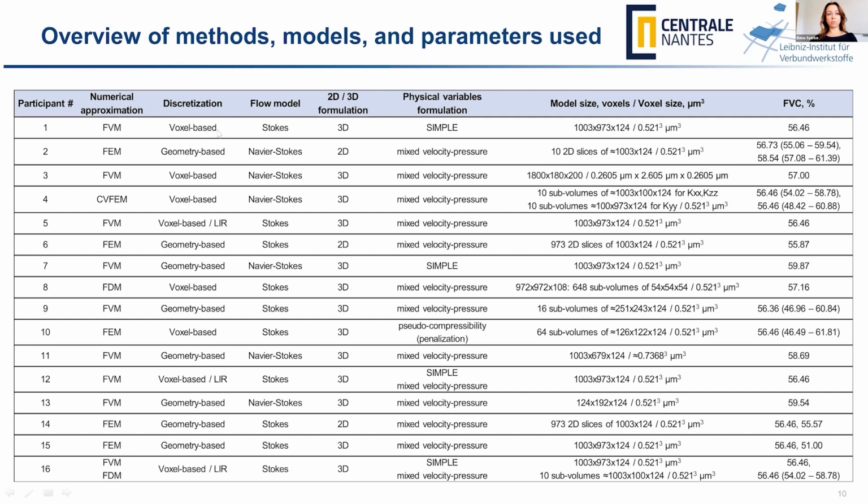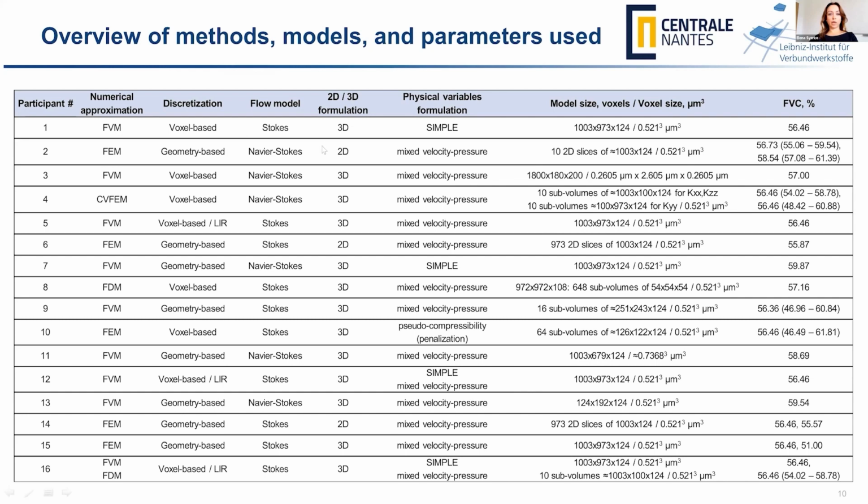The second one was used very often from the computational resources point of view, because going from this amount of voxels that I showed you to another geometry, when you remesh your domain in order to reduce the number of elements, was very often more interesting from the computational resources point of view.